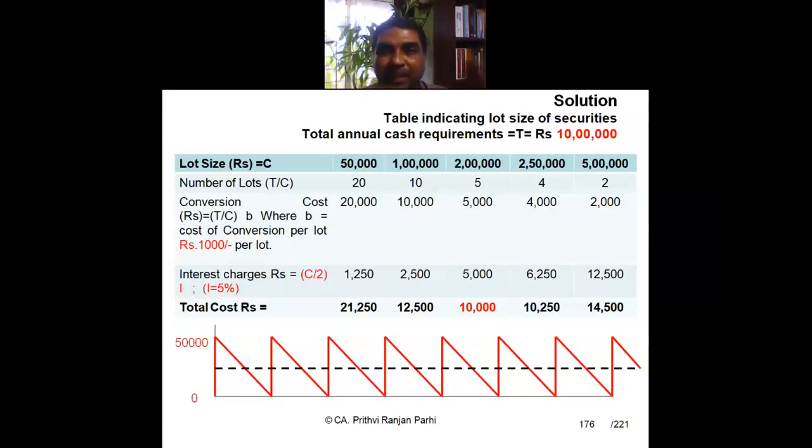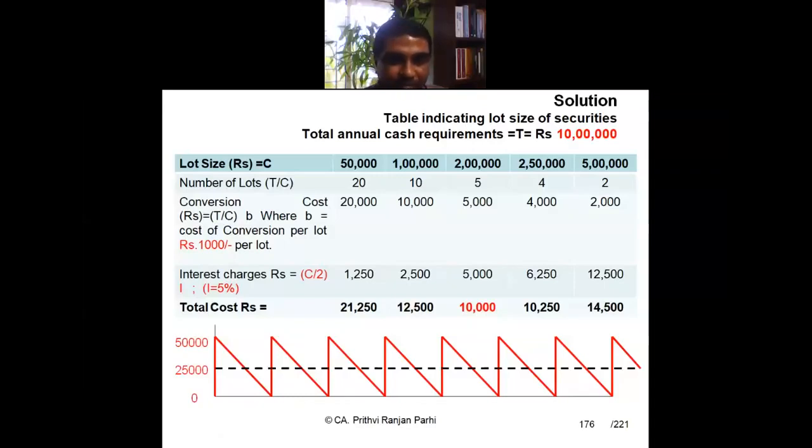If I am keeping cash idle, then I am losing interest. If I am using cash, then I am not losing interest. So idle cash: 50,000 and zero, the average of these two amounts. Average is 25,000.